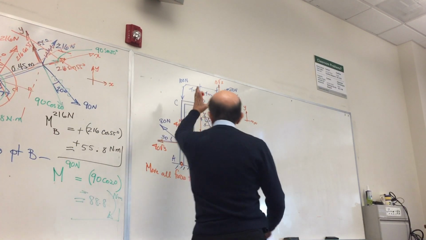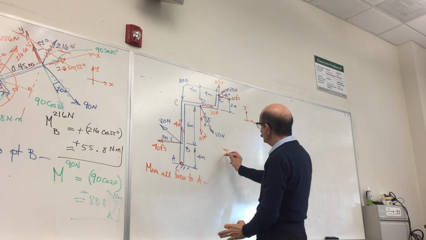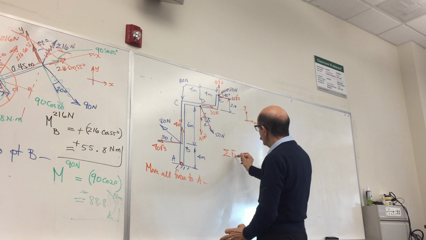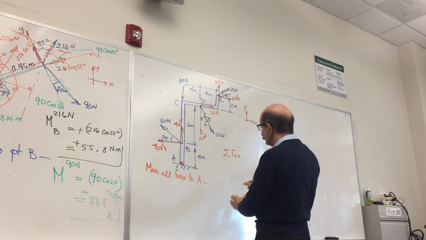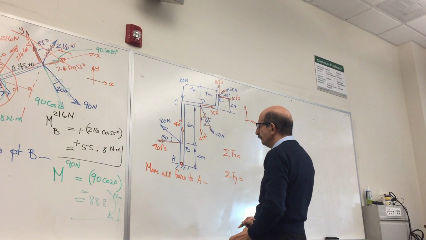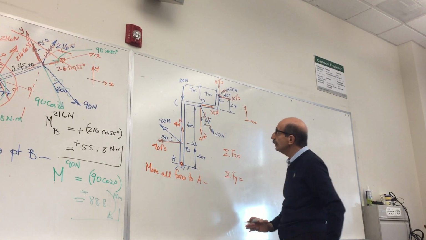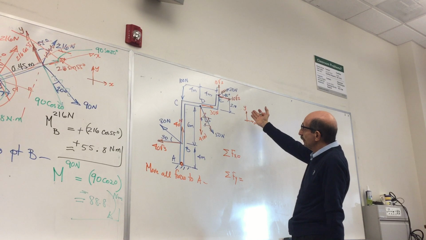So now I want to put all these forces here. That means I need to find the summation of all forces acting along X, and the summation of all forces acting along Y, or the resultant of all of these, and put it there. What is the summation of all forces acting along X?